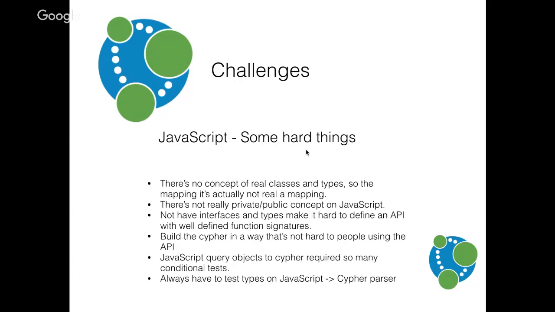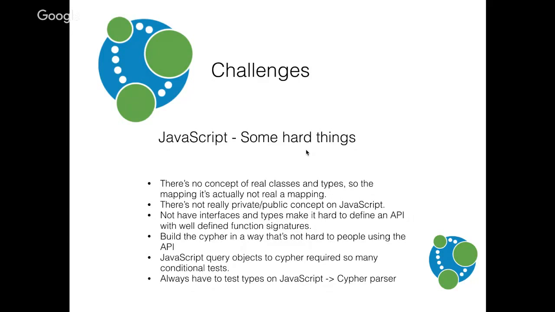We take the result of the query, the node, and transform it into a literal object, a little JavaScript object, which is not actually a class of type person. That makes the mapping not a real mapping, but we try to abstract that as easy as possible. Yeah, I mean, for the end user, it has to be easy, even if the library has to do a lot of work. You still have to make it easy for the end user, right? Exactly.